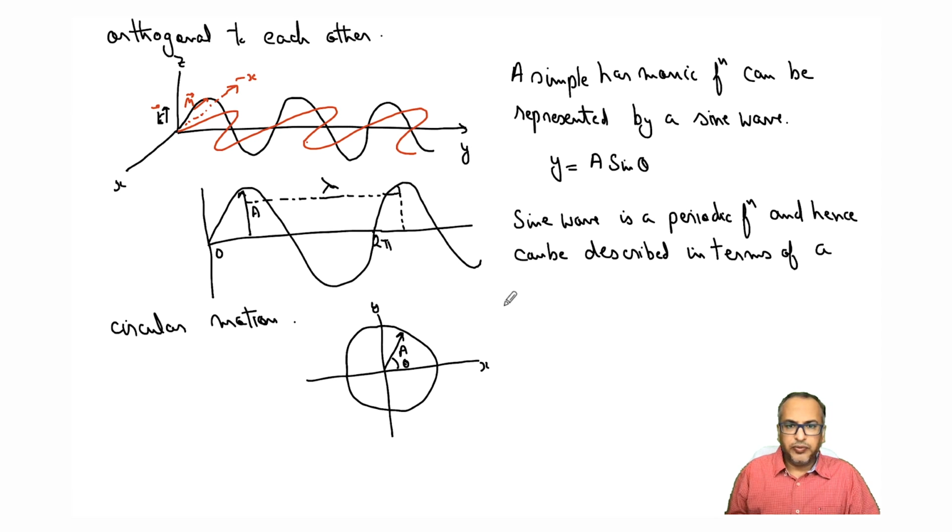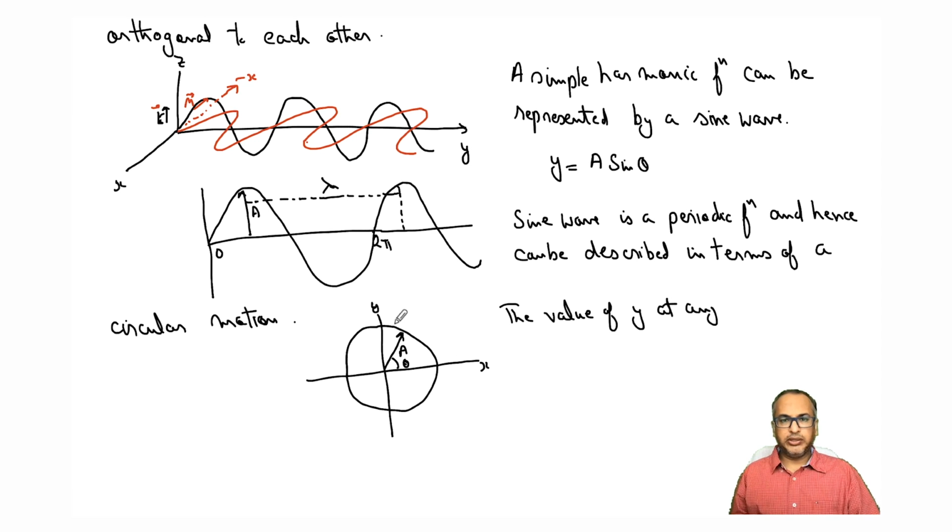say that the value of y at any given point, so let us say that this vector is actually rotating along this circle, right? So this is the angle theta and the radius of the circle is a. So now the vector is doing circular motion.